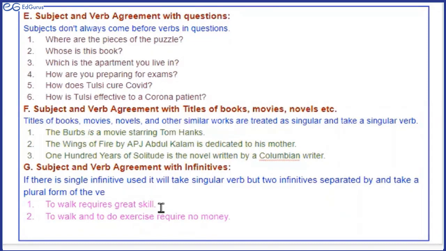It is an infinitive verb. Along with this, we say requires, because to walk is singular, so a singular verb is used. To walk and to do exercise require no money. Now here, to walk and to do exercise, there are two actions. So here a plural verb is used. Is that clear? Yes, ma'am.